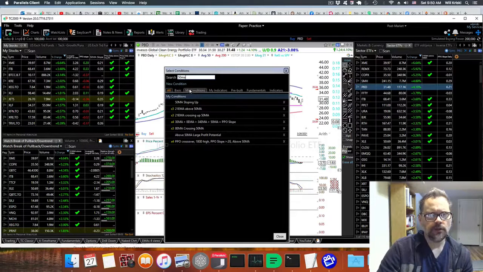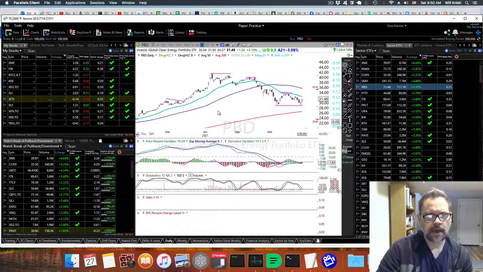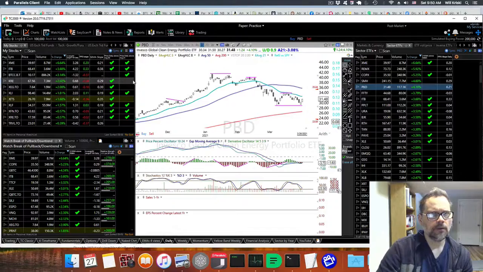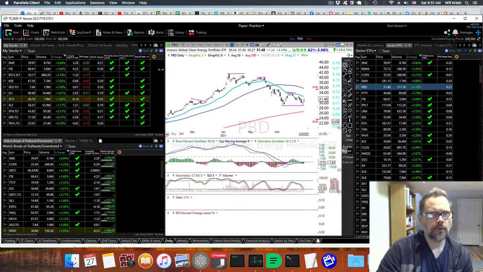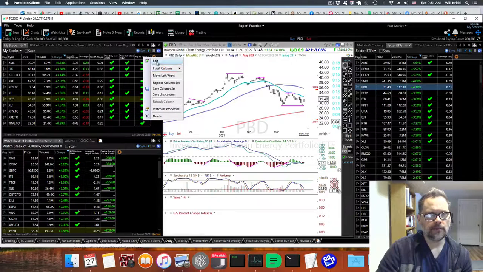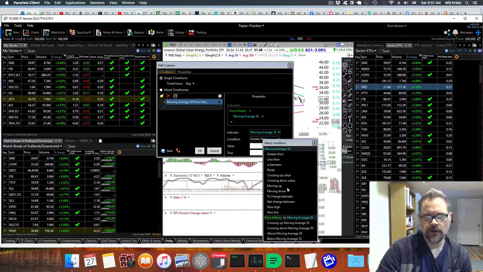So it could be moving average. You can pick simple moving average, for example, and then you can edit that, and it'll say moving average, the price is greater. The moving average is greater than 0. I don't really want that.